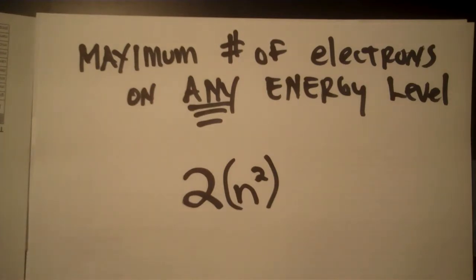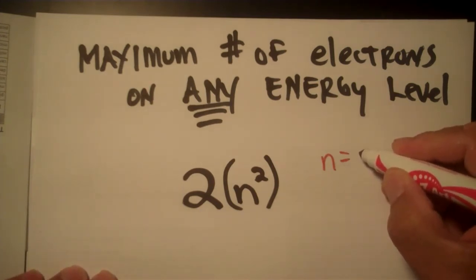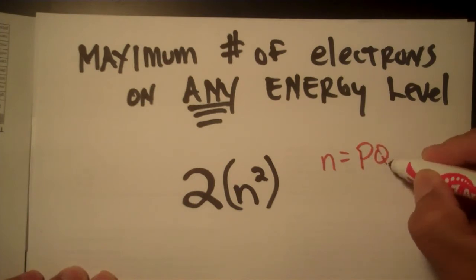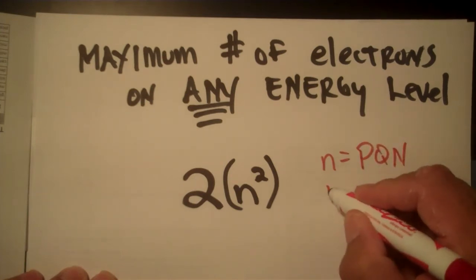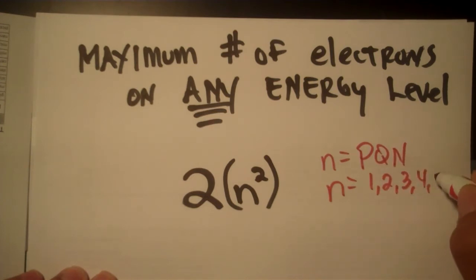Now, do you remember what n stood for? N stands for the energy level, or the principal quantum number. And these can be 1, 2, 3, 4, 5, 6, or 7.